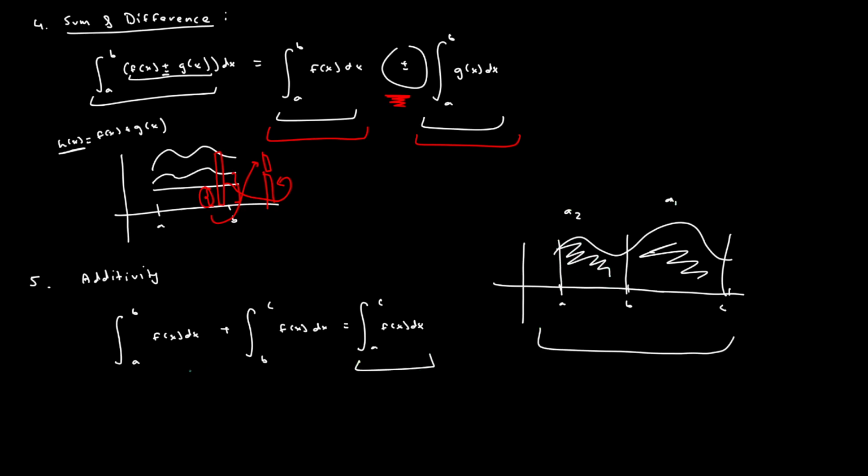So the overall integral from a to c is simply the sum of the area from a to b represented by this integral, and the area from b to c represented by this integral. So you can always split the large interval into subintervals and find the integrals of those, and in the end, if you sum them up, you'll get the overall integral. So that's the property of additivity.